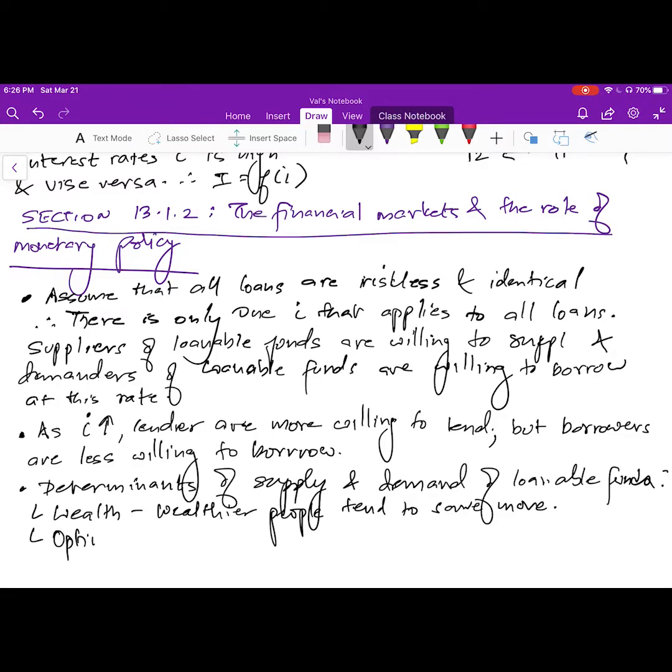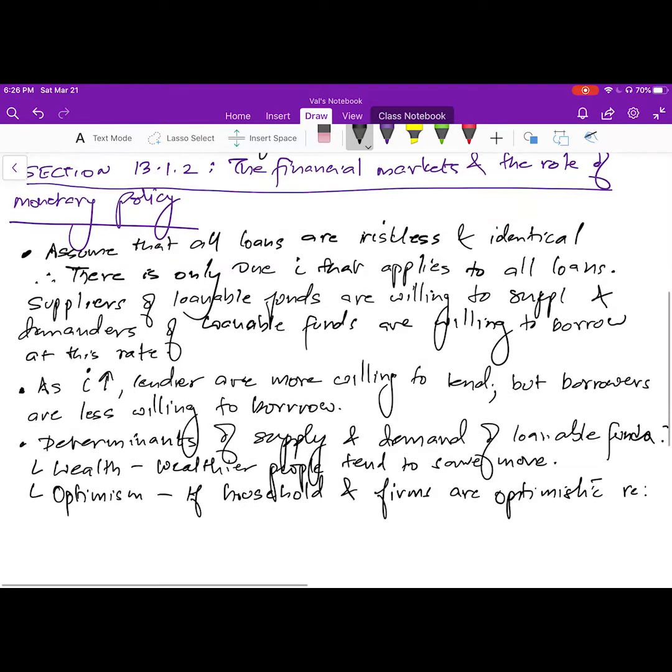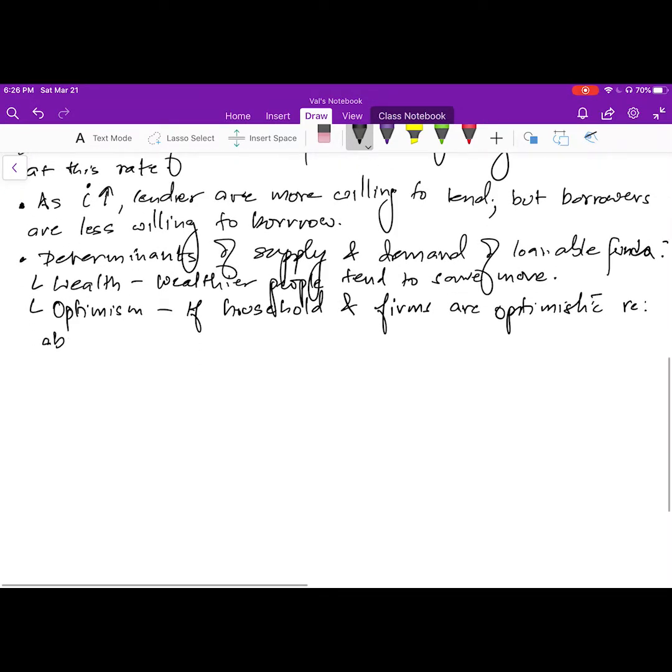Optimism. If households and firms are both optimistic of their ability to repay the loan back, they'll borrow more.